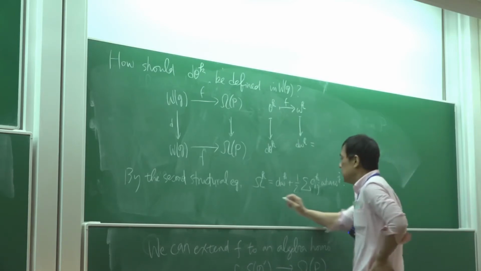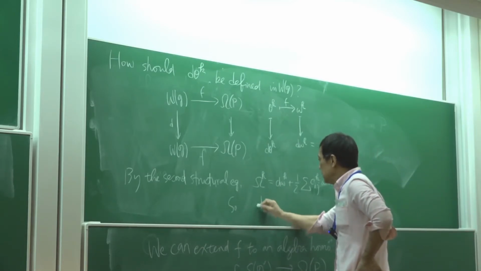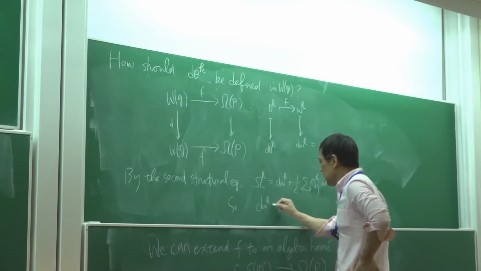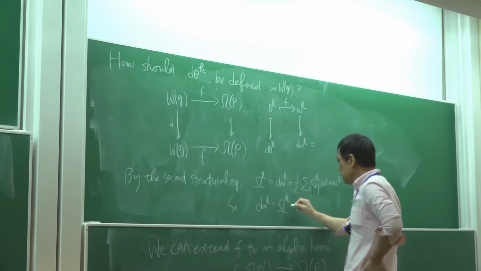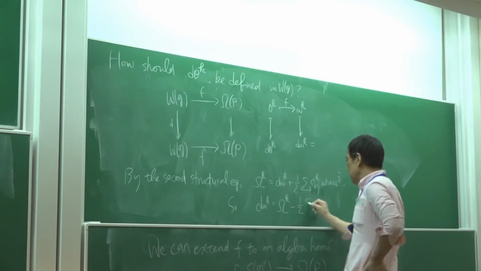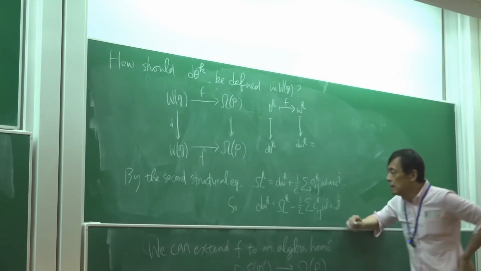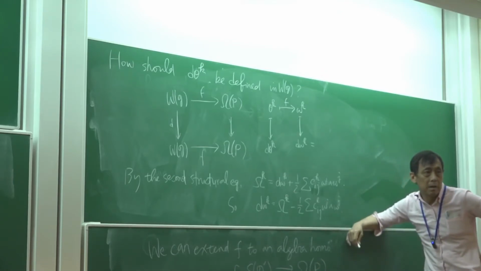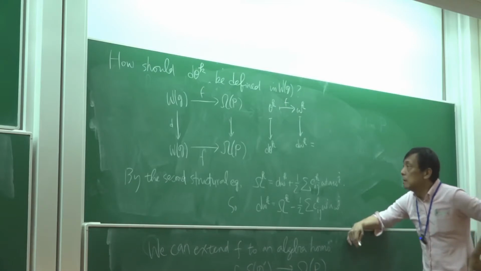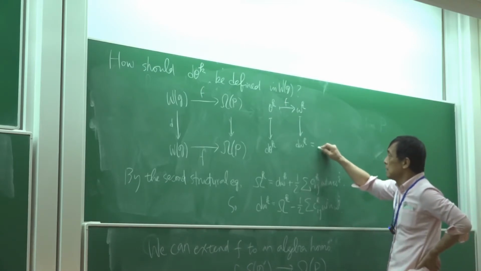So d omega k is the curvature minus 1/2 Cij omega I wedge omega j. That's d omega k.